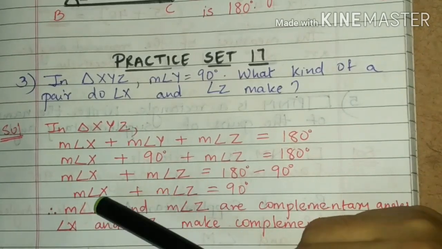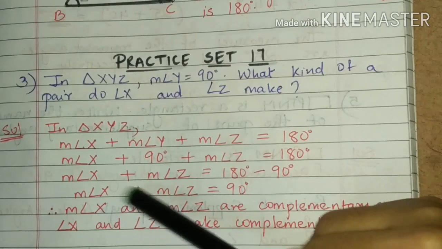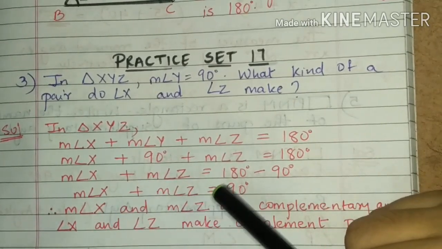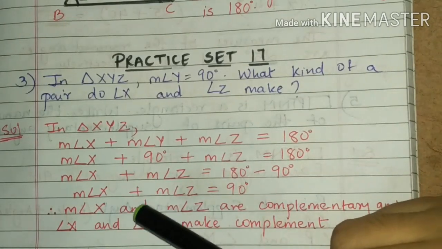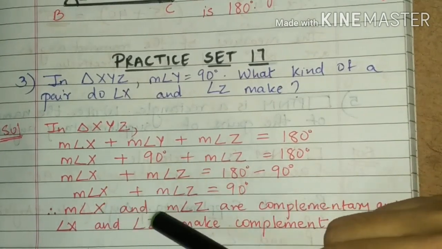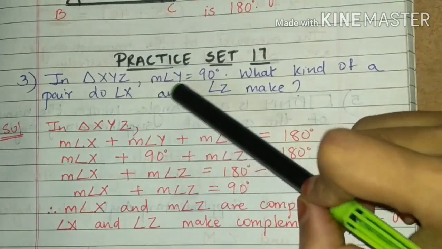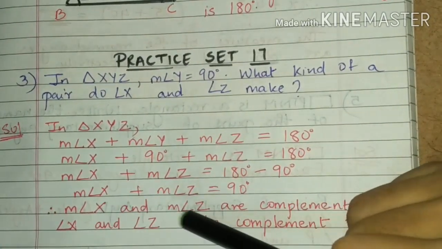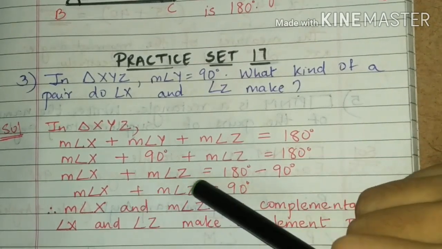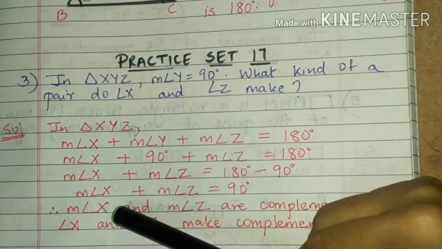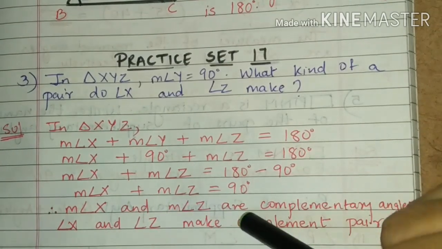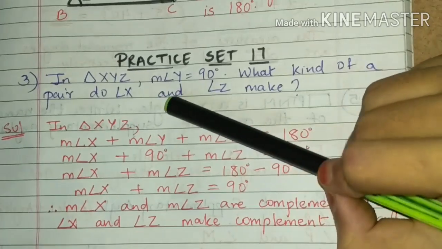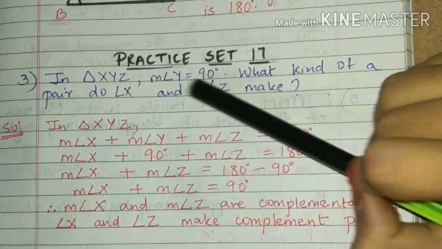And if the sum of two angles, angle 1 plus angle 2, is equal to 180, then those two angles form which pair? Supplementary. Yes, but as you know, in this angle Y is 90 and angle X and angle Z make 90 degrees. So measure angle X and Z are complementary. What they have asked: what kind of pair do angle X and angle Z make?